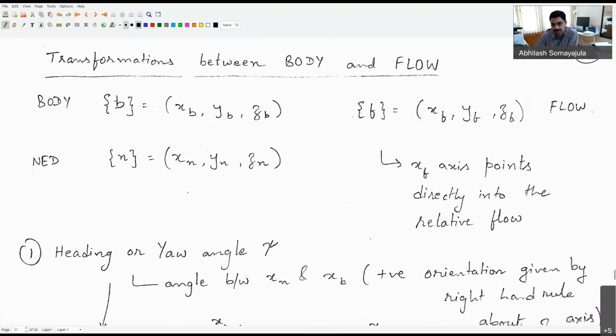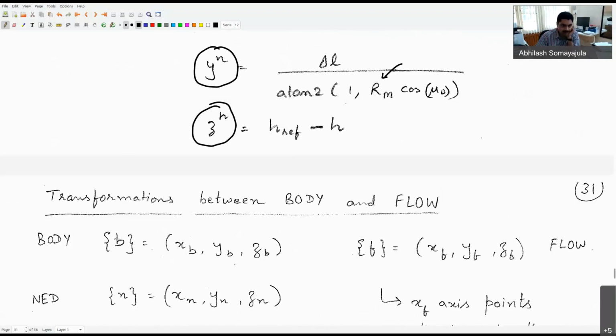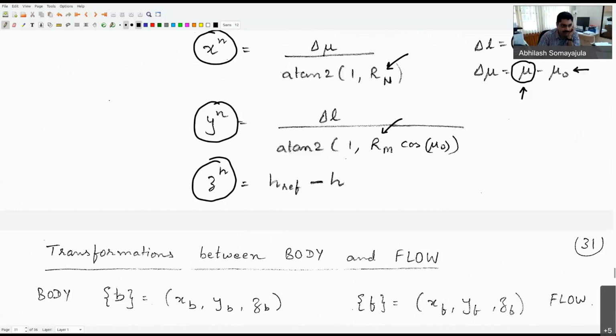Okay, so now today we'll try to complete our understanding of kinematics, and the only thing which is left. So remember that so far we talked about the transformation from the NED frame. So we looked at the transformations between the NED frame to the body frame and vice versa.